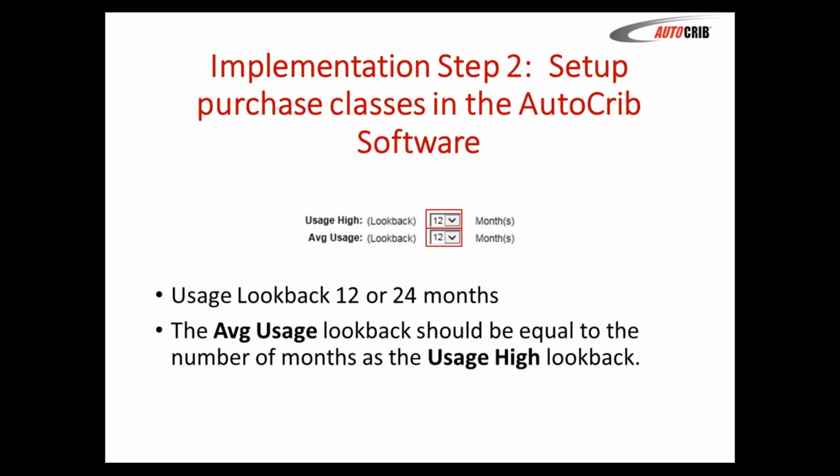From the average usage drop-down field, select the number of months to analyze the average monthly usage of an item. The average usage look-back should be equal to the number of months as the usage high look-back. A weight is applied to each month within the look-back period, which we'll define in the last step of setting up the purchase class.